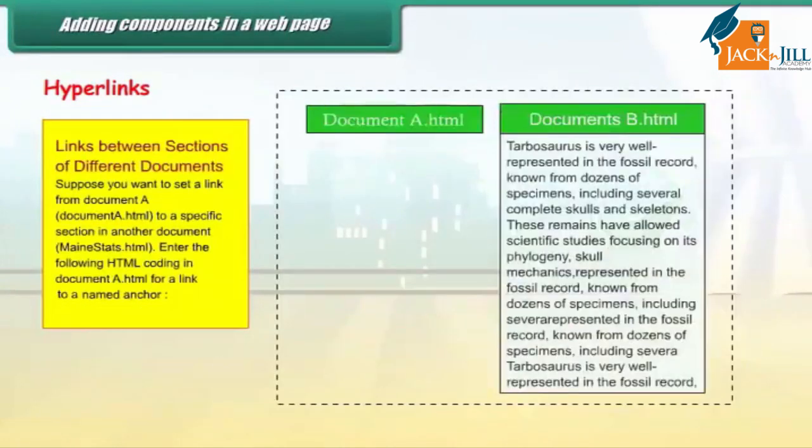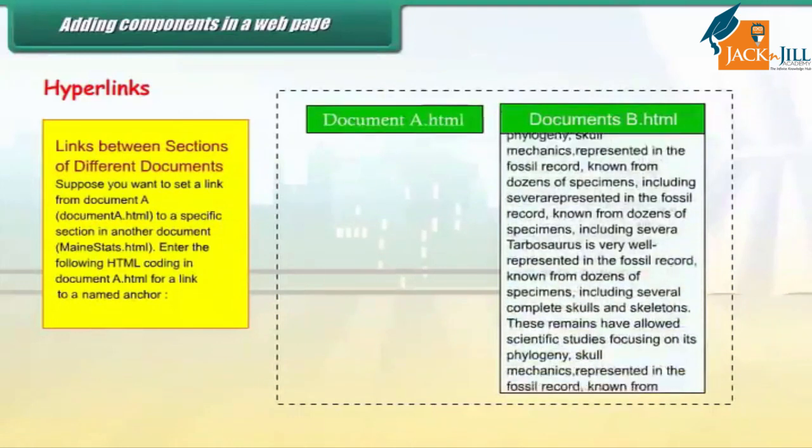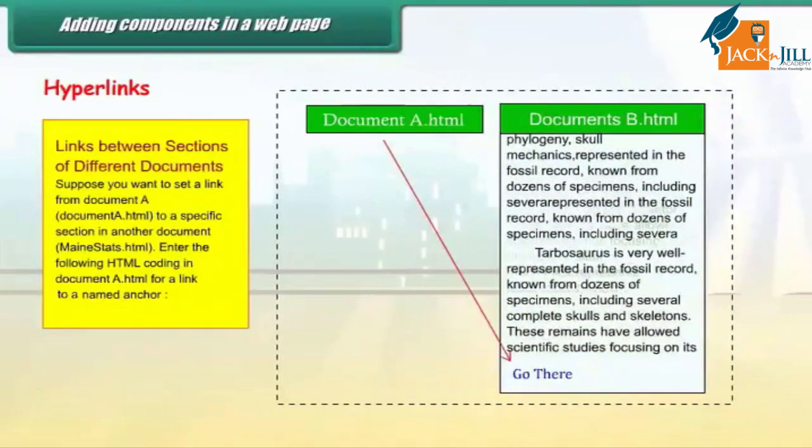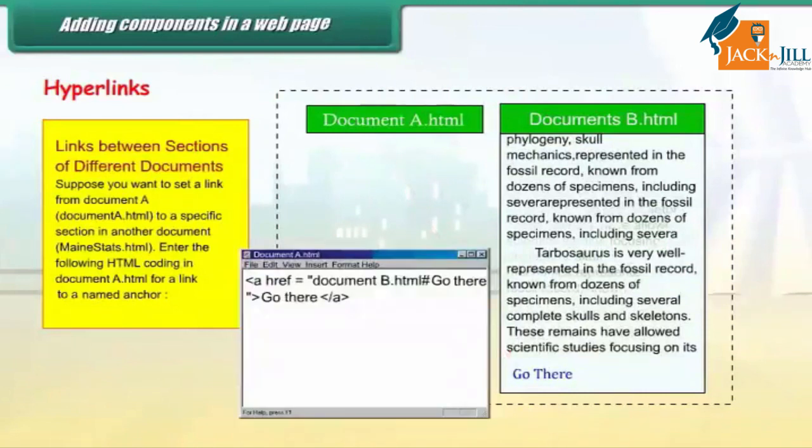Links between sections of different documents. Suppose you want to set a link from document A to a specific section in another document. Enter the following HTML code in A.html for a link to a named anchor.